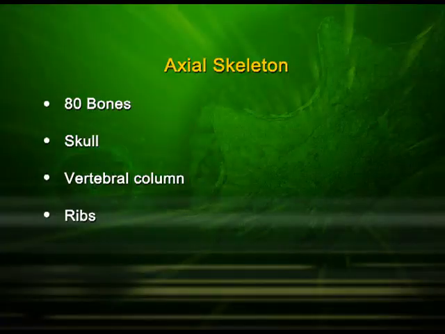There are total of 80 bones which participate in the formation of axial skeleton, and the areas which are covered by axial skeleton are the skull, the vertebral column, the ribs, and of course the sternum, which is part of rib cage. These bones will make axial skeleton.